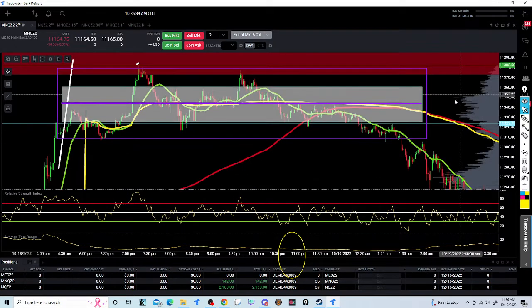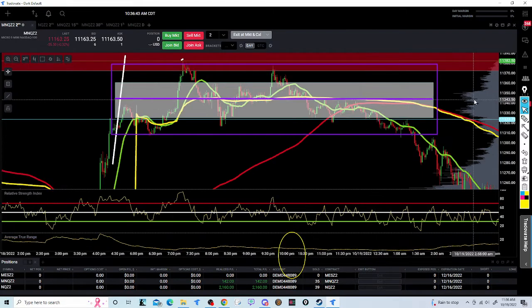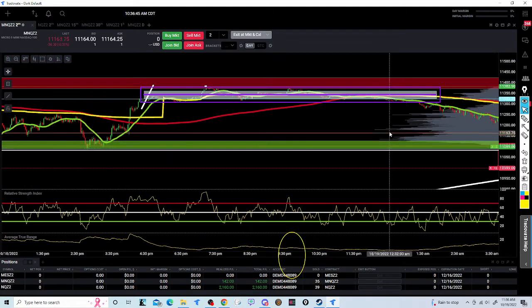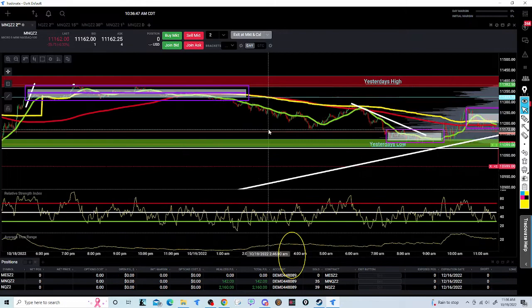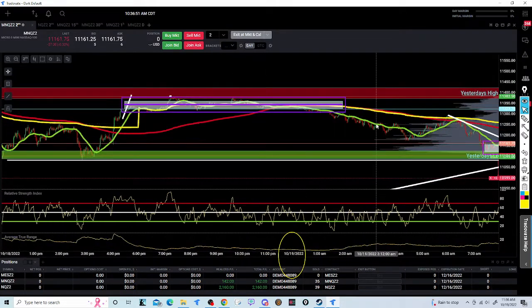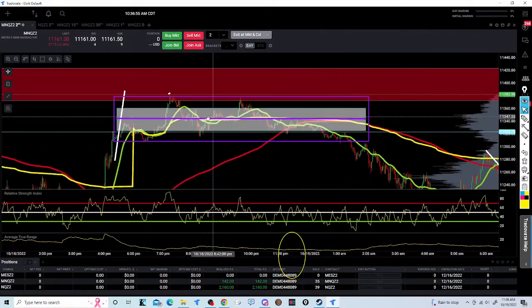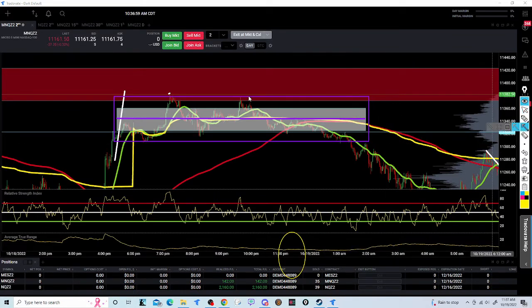Now, this range happened to form in a specific location. We have yesterday's high up top where that range formed. So now we have a range in a specific location where there is a lot of selling pressure above us.